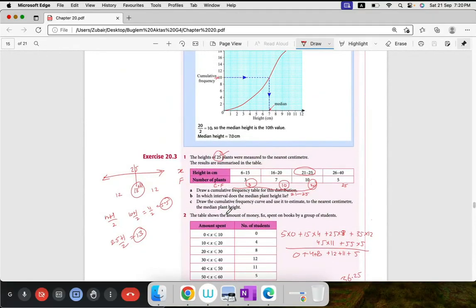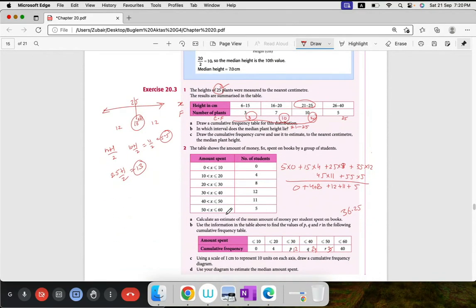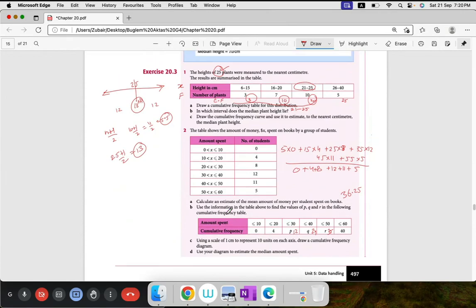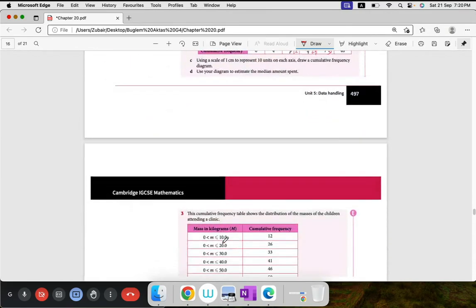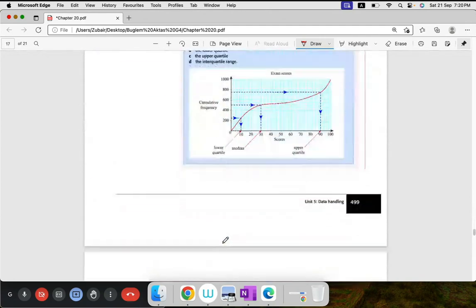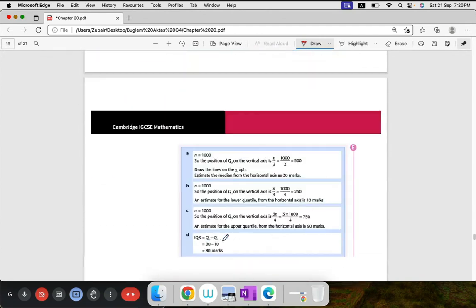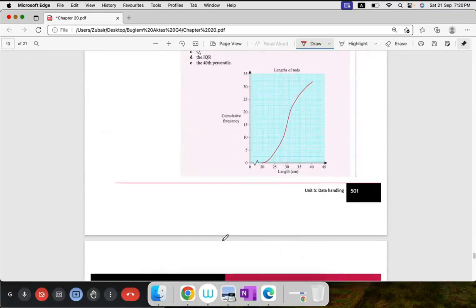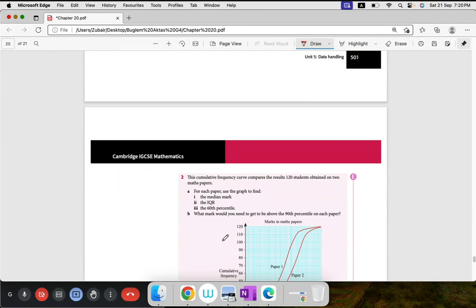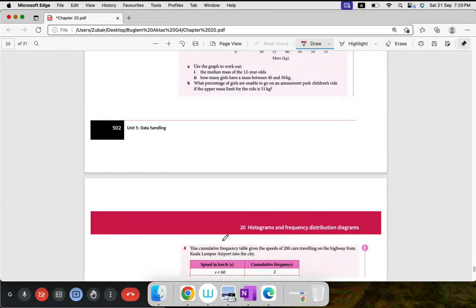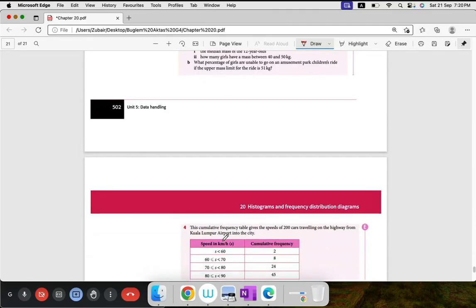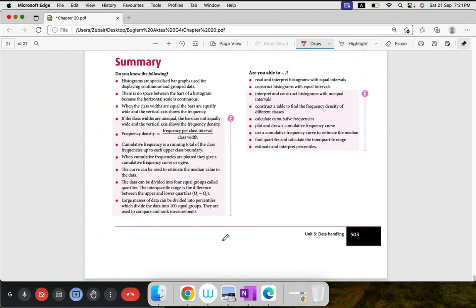I'll share these two questions with you so you could practice drawing two cumulative curves. That would be enough. Maybe we'll complete this tomorrow in half of the class. 90% is already covered, and then we can also touch a new topic.